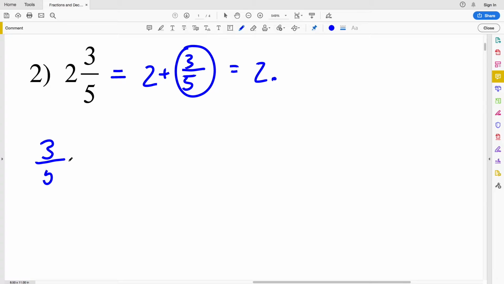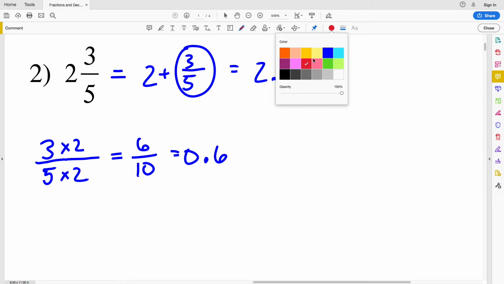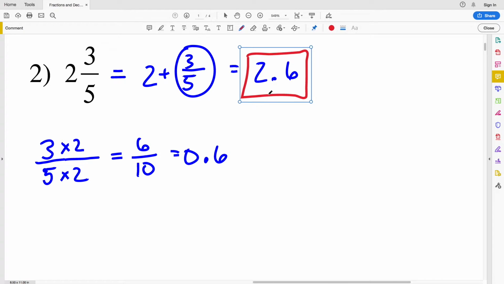So 3/5, we can write that, multiplying the 5 by 2, we'll get 10 in the denominator, and multiplying 3 by 2 in the numerator, we'll get 6. This is read as 6 over 10, or 6 tenths. So 2 and 6 tenths will be our fraction converted to a decimal in number 2, 2.6. Feel free to practice some long division and divide 3 by 5 and see if you again get 0.6.